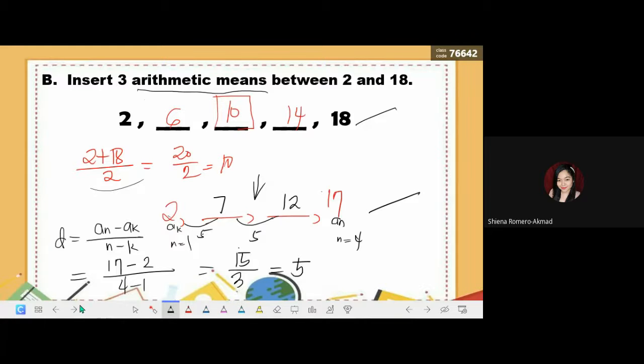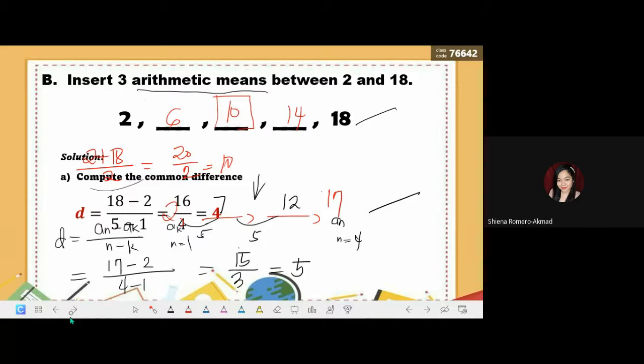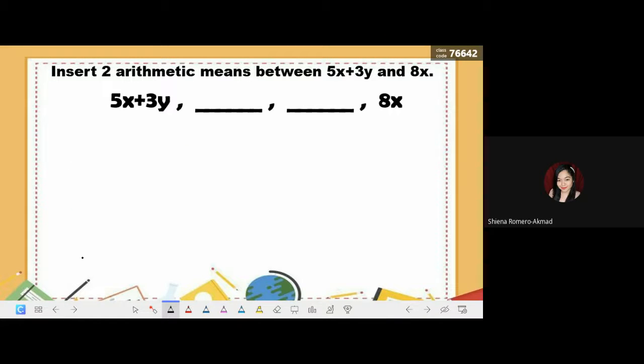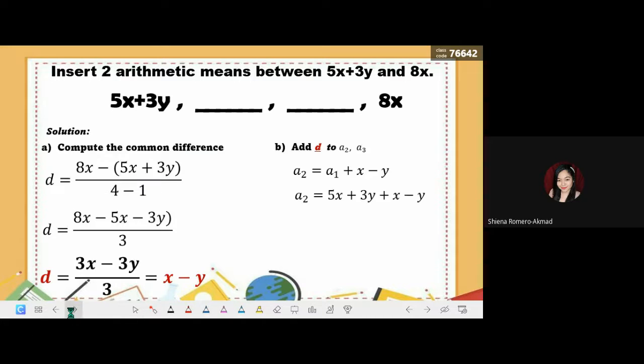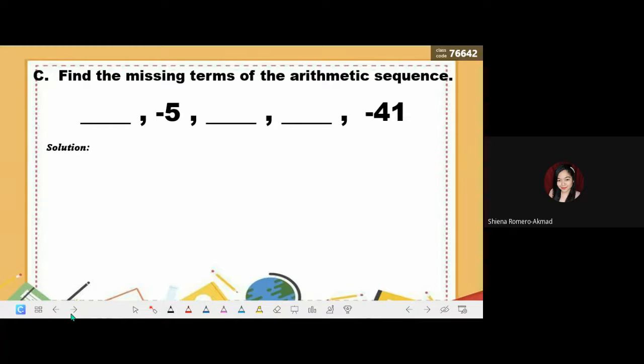Okay? So let us have more examples so you can better understand how to use the difference formula. Let's not do this one yet. Next. So here, we use the difference formula.